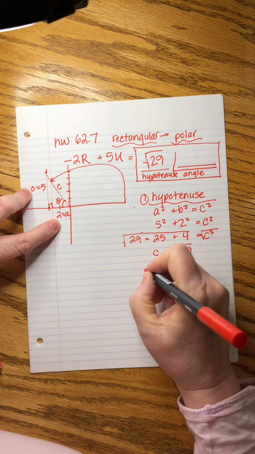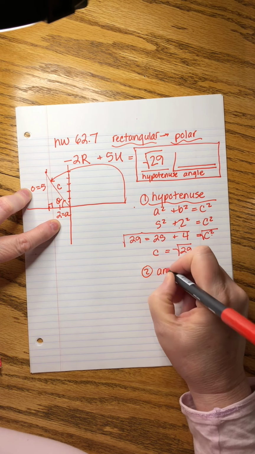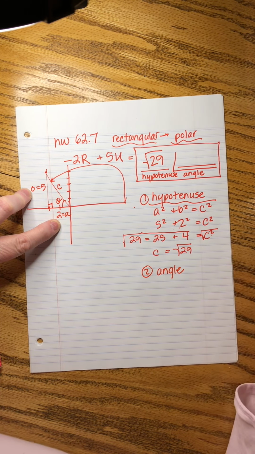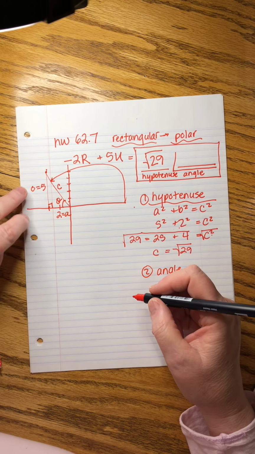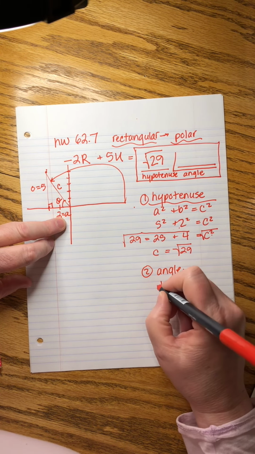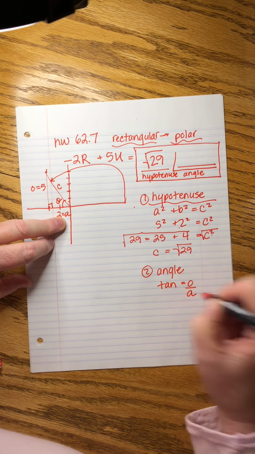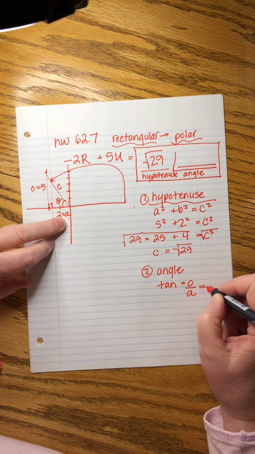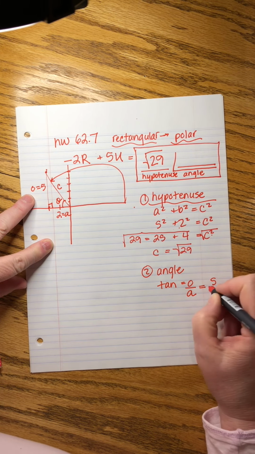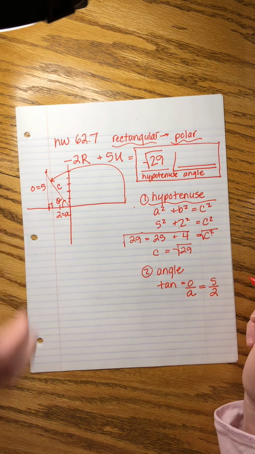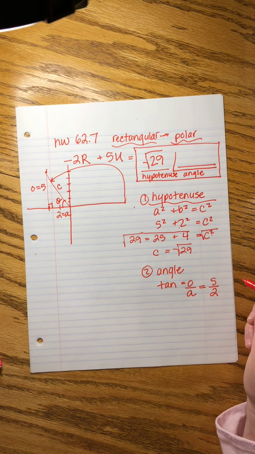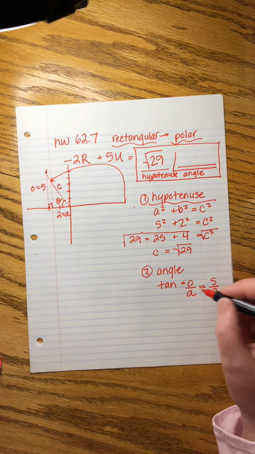Well, opposite over adjacent is tangent, right? Our opposite is 5, and our adjacent is 2. Which means if you grab a scientific calculator, we can find this.